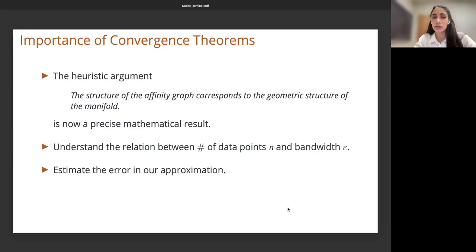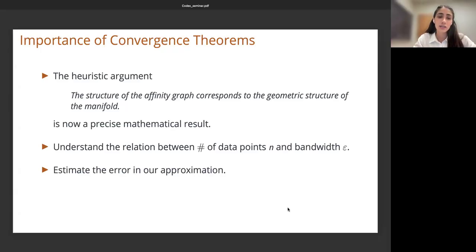It also gives us a way to understand the relation between the number of data points and the bandwidth parameter for our kernel, because when you're doing experiments, trying to tune the bandwidth parameter can be quite difficult. So if you have an idea of more or less what this epsilon should be, depending on the number of data points that you have, then that's really helpful for experiments.